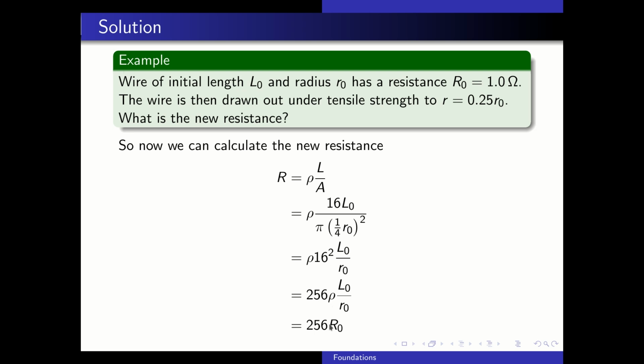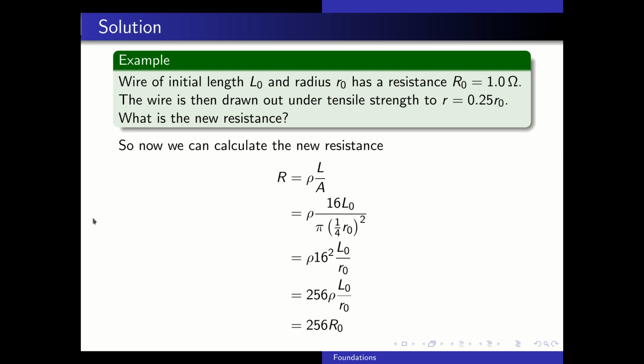So I've got this 16 squared, which is 256, and I'm going to end up with rho times L naught over pi R naught squared, once we add those missing terms back in there. And that thing we will recognize as just R naught. So my new resistance is 256 times greater than the old resistance.